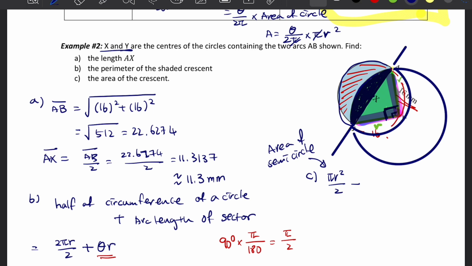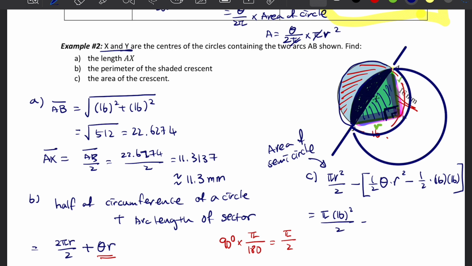Then let's identify the area of the sector, which is 1/2 angle times r squared, and we're going to subtract this right-angled triangle part, which is 1/2 times 16 times 16.